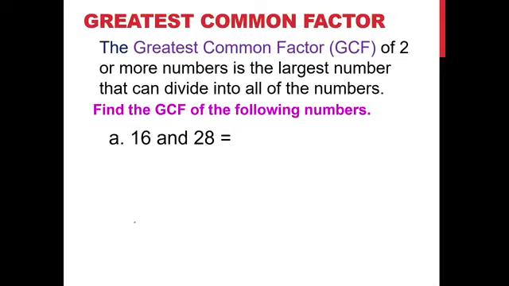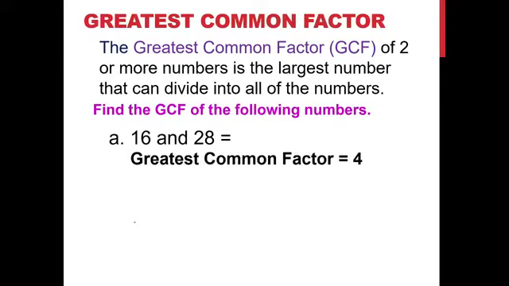You think of the greatest number that can divide 16 and 28. Yes, correct. The GCF is 4 because 4 can divide 16 and 4 can divide 28, and it's the biggest possible number that can divide 16 and 28.